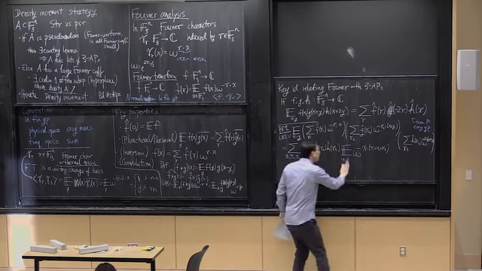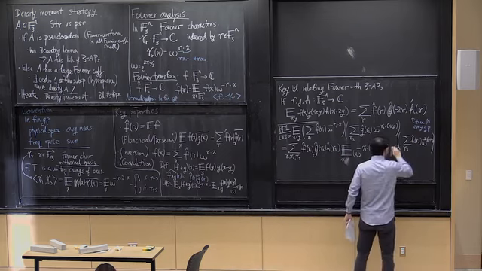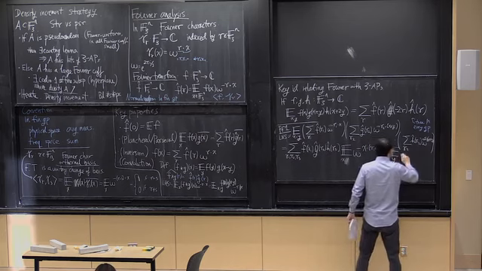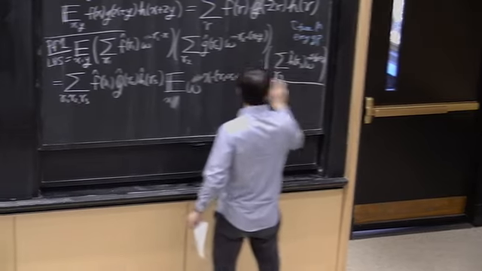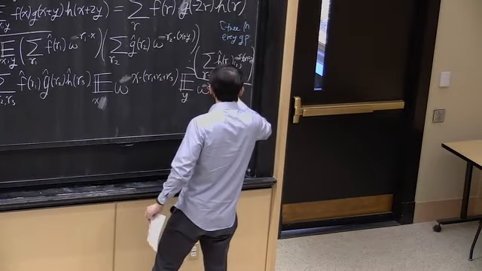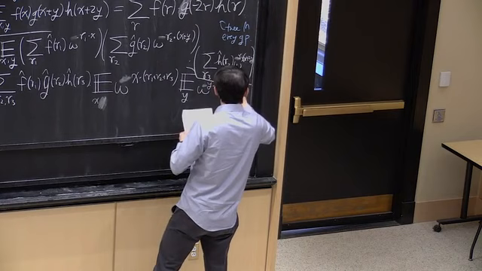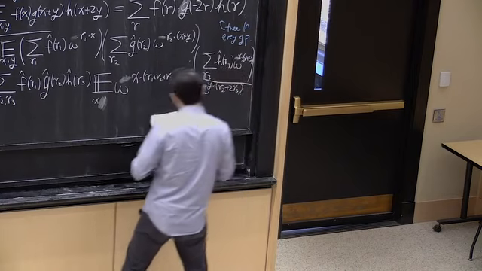In fact, I can even write the x and y separately: y dot (r2 plus 2r3).